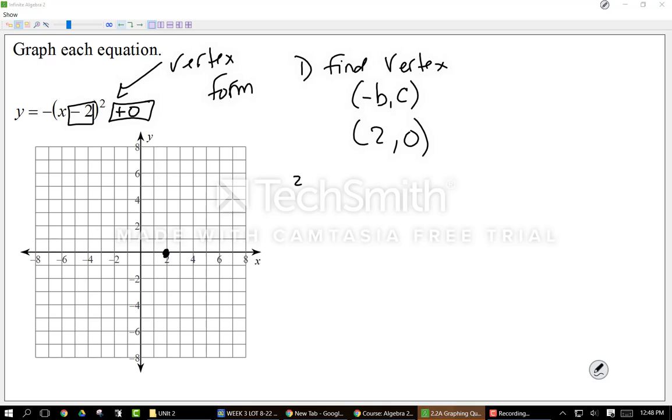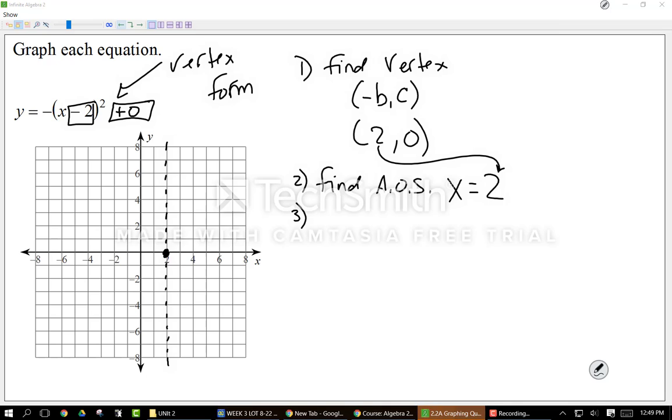The second step, I need to find the AOS, the axis of symmetry. Remember, it's an equation, x equals whatever the x-coordinate of the vertex is. So x equals 2. At that point, I am going to draw a dotted line down my graph. The third step was I'm going to pick numbers either to the left or to the right.